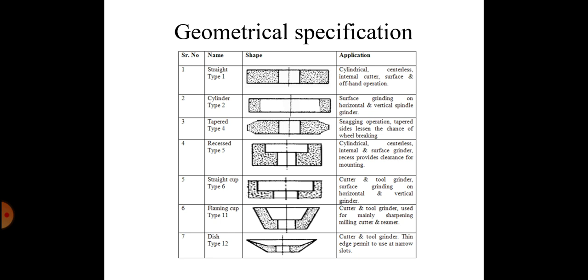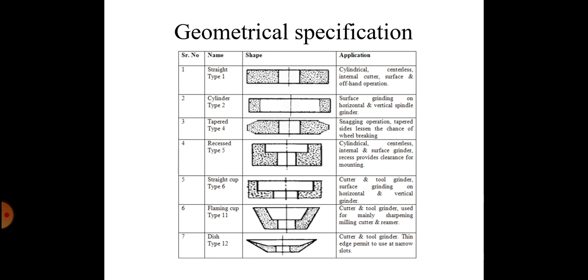Second is cylindrical type. It is used in surface grinding on horizontal and vertical spindle grinders. At that time this cylindrical shaped grinding wheel can be used. Then tapered type. In this shape the ends of the wheel are tapered, so it is called tapered type.